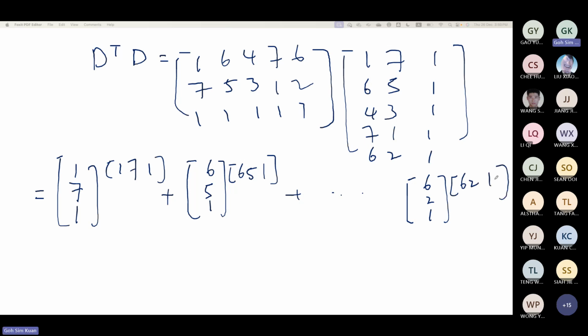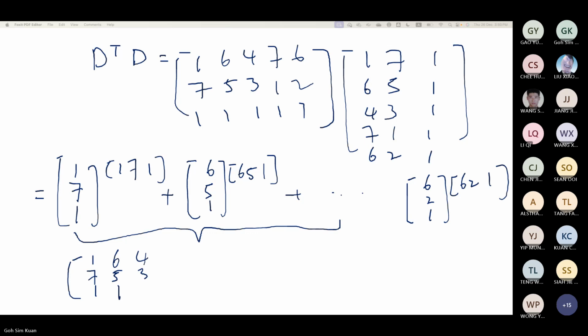The third view of matrix multiplication tells us how to decompose them, and we know how to put them back. So let's say if we put the first 3 terms back into a matrix, we will be getting this, multiplied with this, the first 3 at 1, 7, 6, 5, 1.